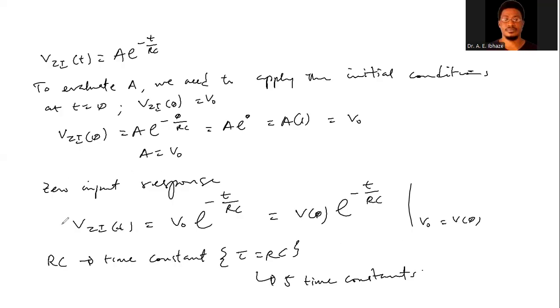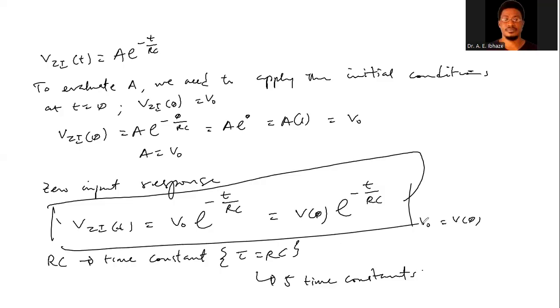Okay. Now that we have been able to address the zero input response of the circuit, the next thing is to evaluate the zero state response. Now you recall that for the zero state response, we have the source, and then we have the capacitor.